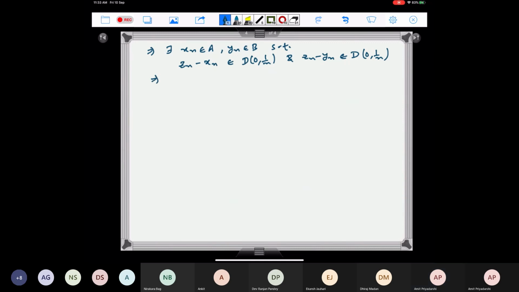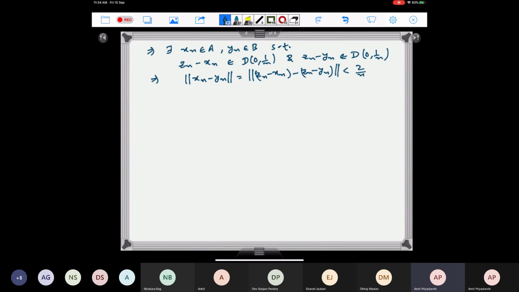So if Zn minus xn belongs to this and Zn minus yn belongs to this, what can we say about the norm of xn minus yn? This is the same as the norm of Zn minus yn minus Zn minus xn. But the norm of Zn minus xn is less than 1 by n, and this is less than 1 by n. So this will be less than 2 by n.